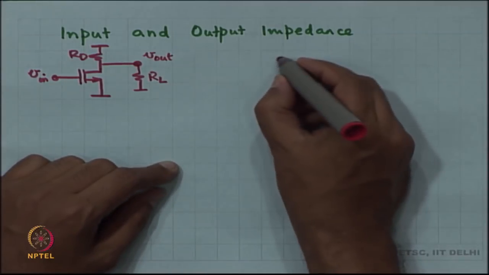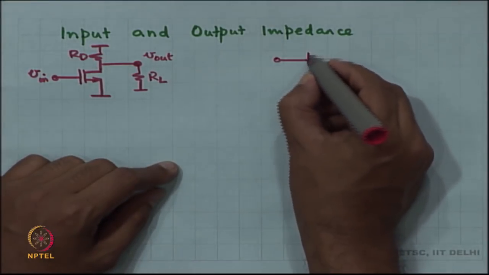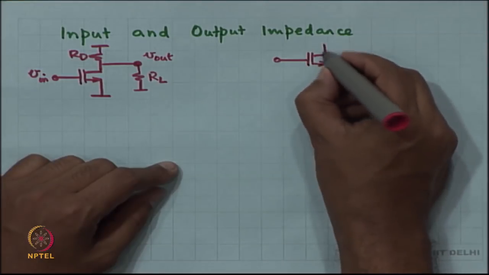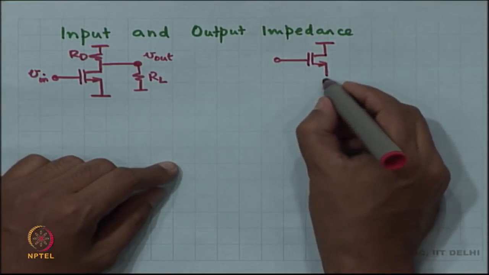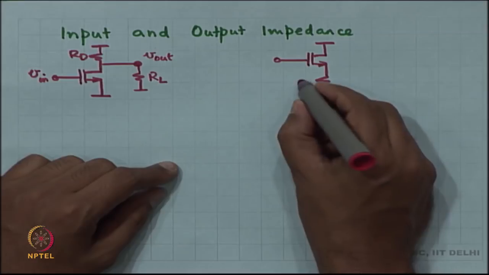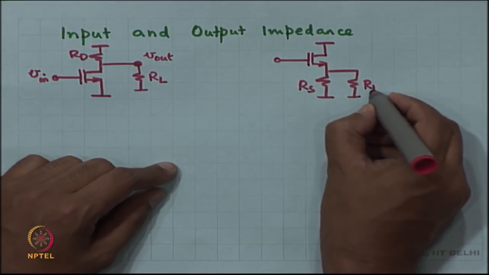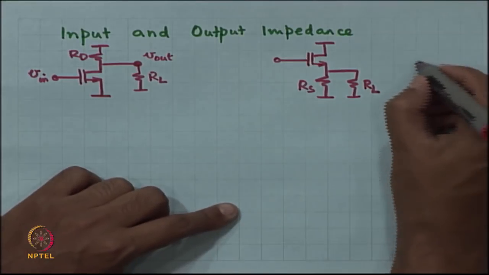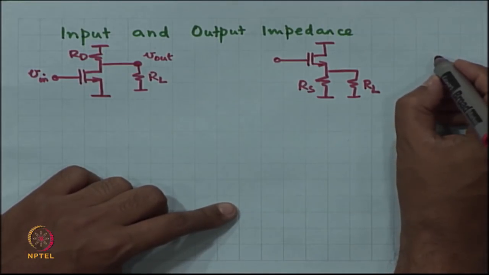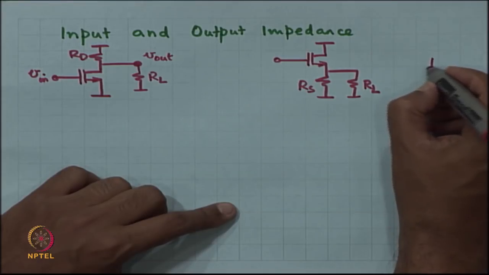Then we had the common drain amplifier, and lastly we have the common gate amplifier.